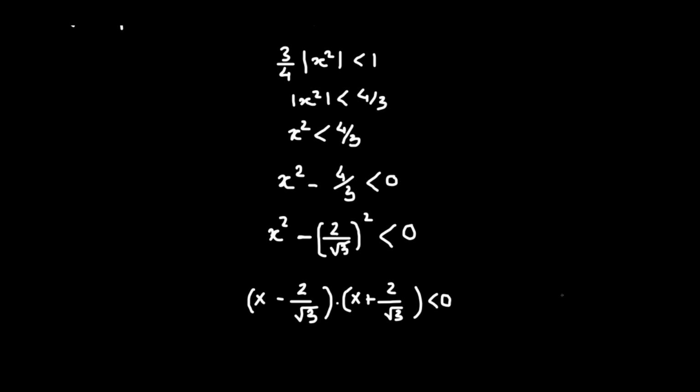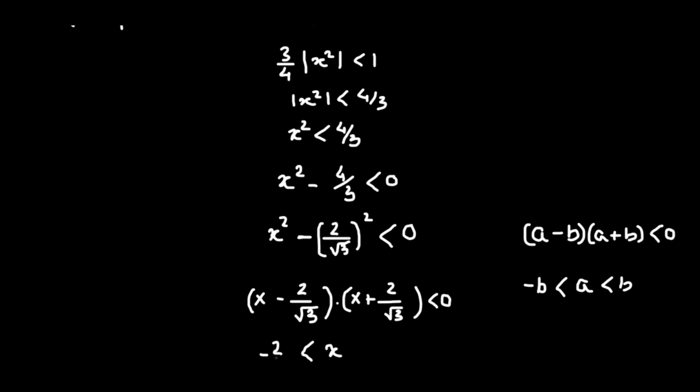To solve this inequality, we apply that if a minus b times a plus b is less than 0, then we can say that a lies between negative b and positive b. So that would mean we have x lying between negative 2 over root 3 and positive 2 over root 3.